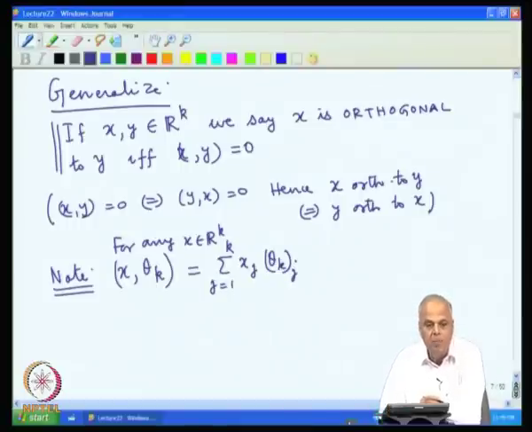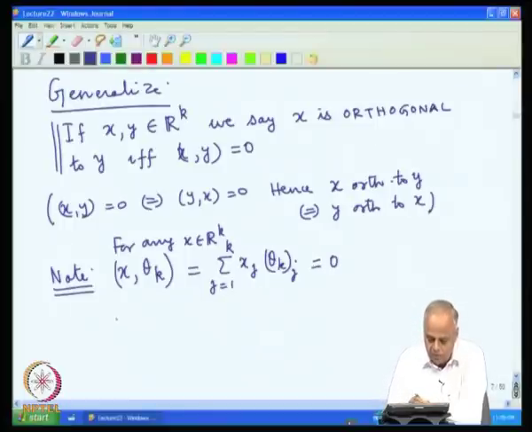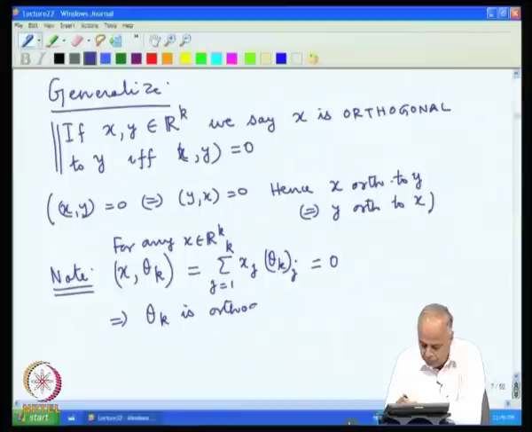But the jth component of theta k is 0, and therefore, that is 0. So, that implies theta k is orthogonal to all the vectors in R k.